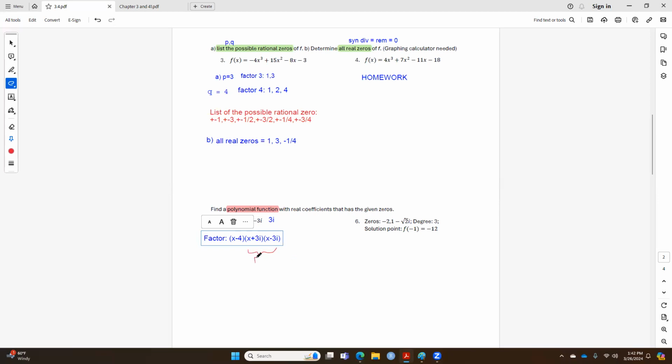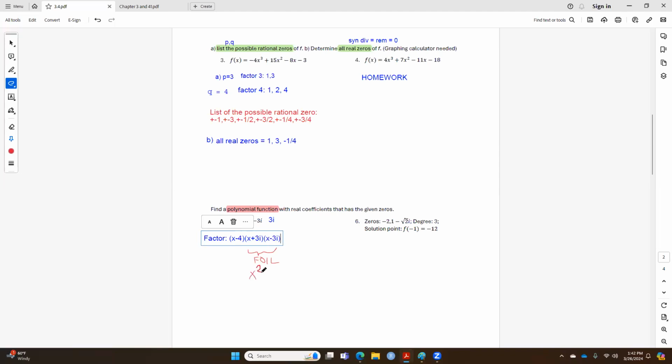Okay. Why do I want you guys to FOIL the conjugate out first? The reason is that the middle term will cancel out. Okay, because when you FOIL the inner and outer, one is positive and one is negative, they will cancel out.